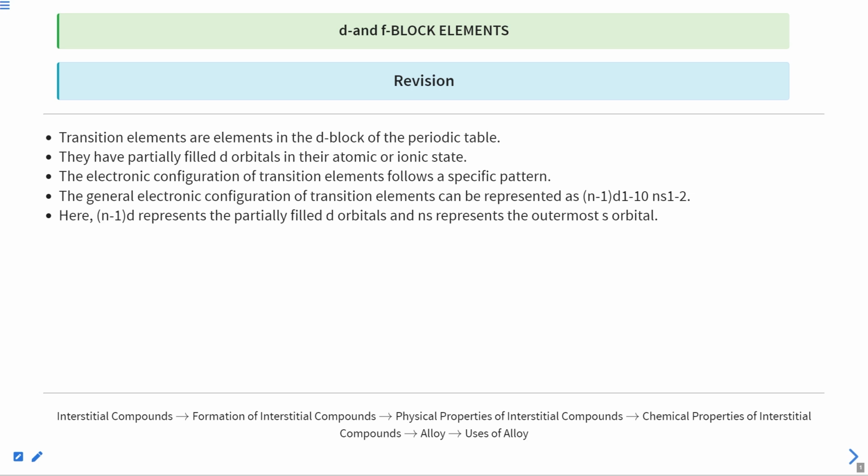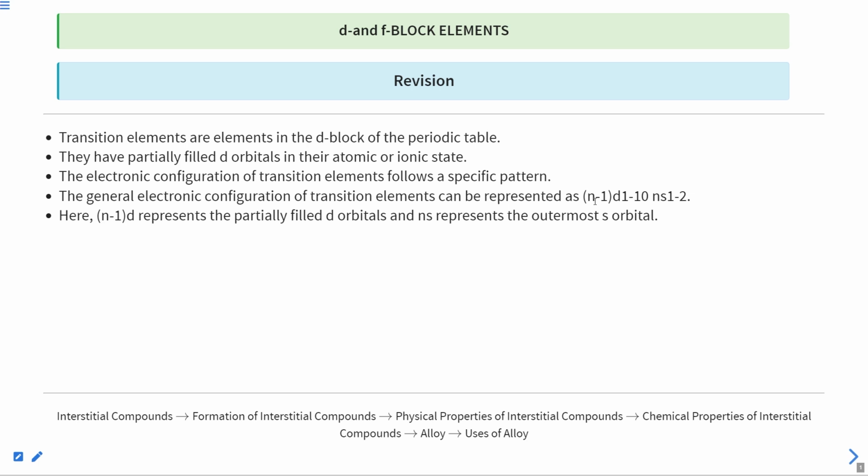Now, as we know, there is a specific pattern for each type of element, say the S block or the P block. Similarly, here is the general pattern of filling electrons in the d block elements, right?